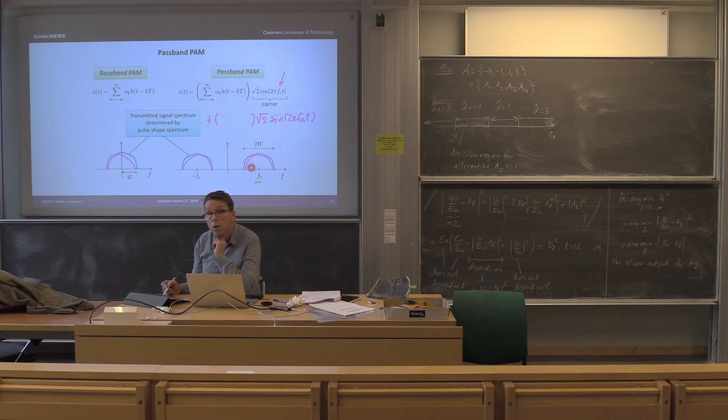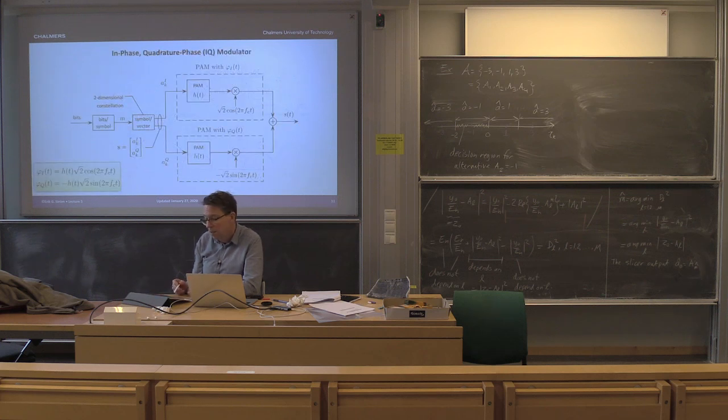Okay, it seems like here that we lost in spectral efficiency because we doubled the bandwidth, but the beauty is that we can actually transmit two of these PAM signals in parallel, one on a sine carrier and one on a cosine carrier. And in more detail, it works something like this. This is what's known as an in-phase quadrature phase modulator, where the input is still bits and the output is still a signal.